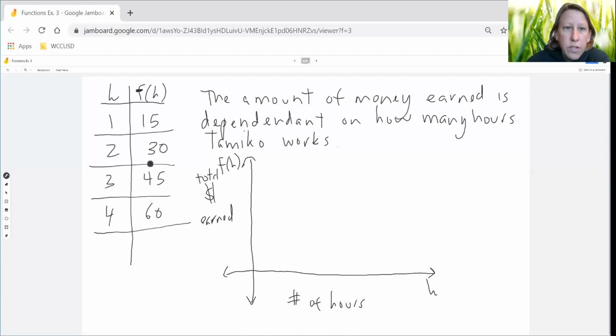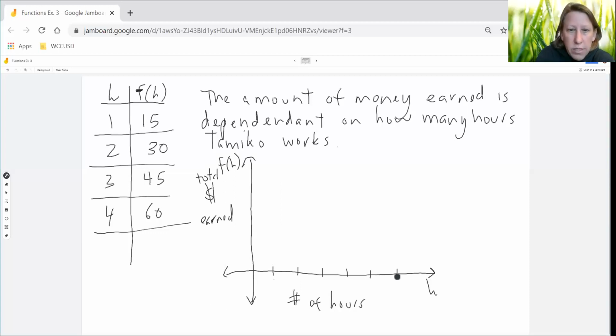For this one, we're probably going to want a different scale for our y-axis and our hours axis. So I think it makes sense to go by 1 along here. It kind of depends though. If you wanted to see her earnings for a week or for the month, you might want to change the scale here as well.